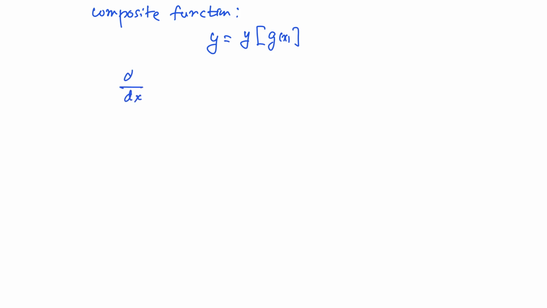Continue the discussion of the composite function. For example, y is given by f(g(x)). Then dy/dx is df/dg times dg/dx. This is called the chain rule.